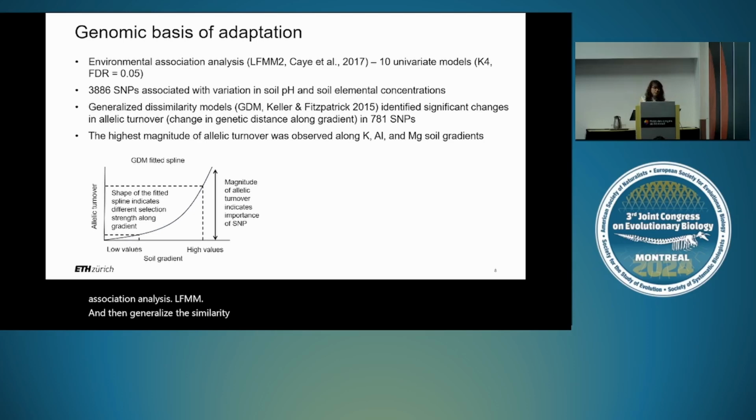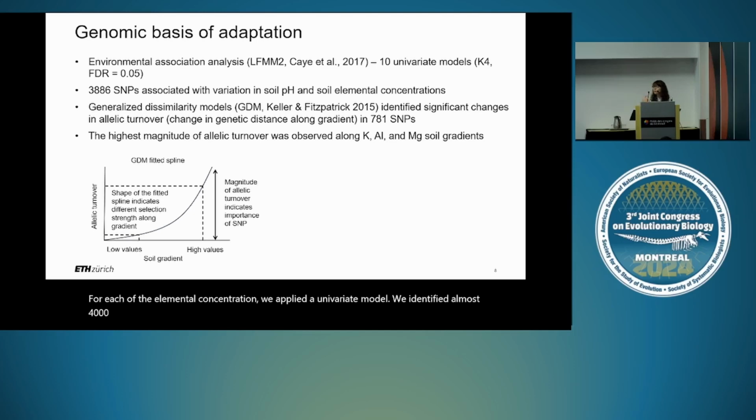First, by environmental association analysis, we were searching for significant associations between the population allele frequencies and soil elemental concentrations. For each elemental concentration, we applied a univariate model. We identified almost 4,000 SNPs.